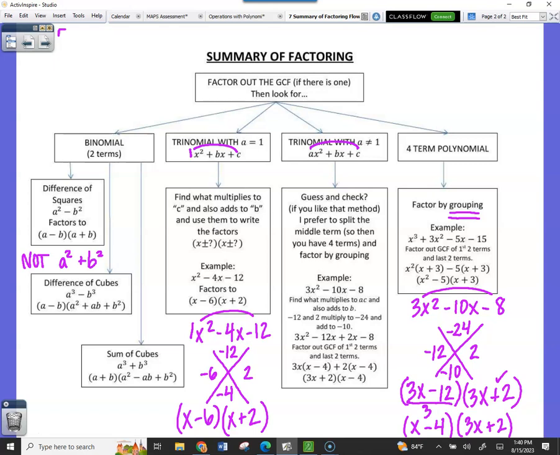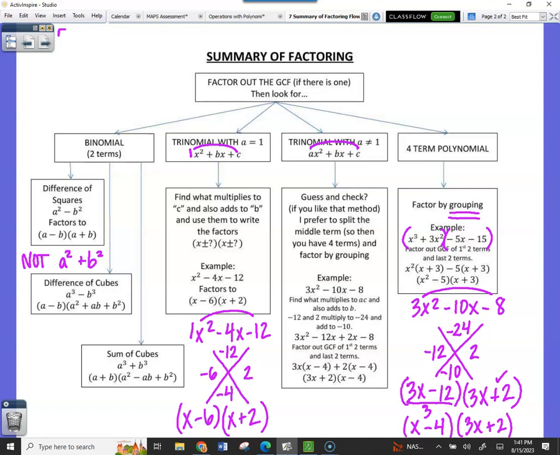Which brings me to 4-term polynomial factoring. Do it this way. If you look at the 4 terms, you group them in standard form, and then you just focus on 2 at a time. You pull the GCF out, so the GCF of that would be x squared. You write what's left.